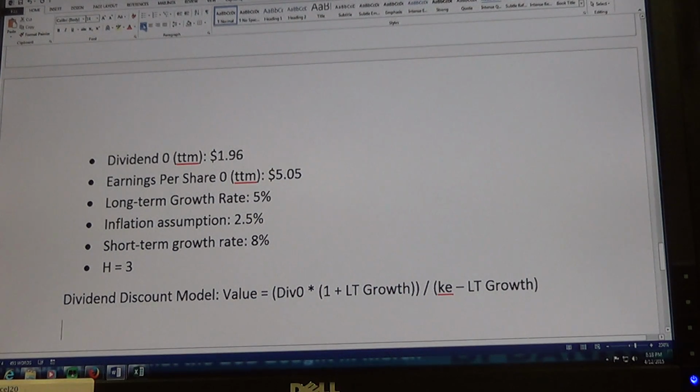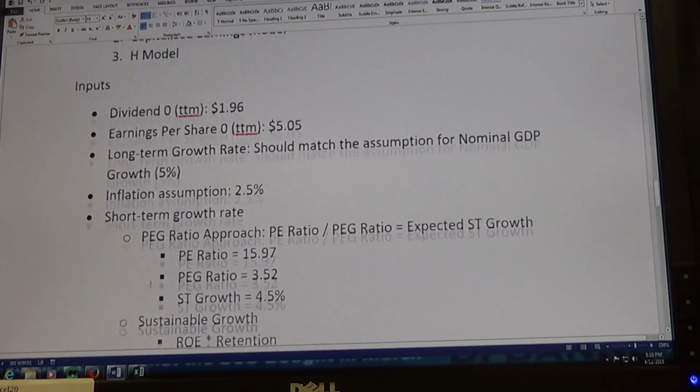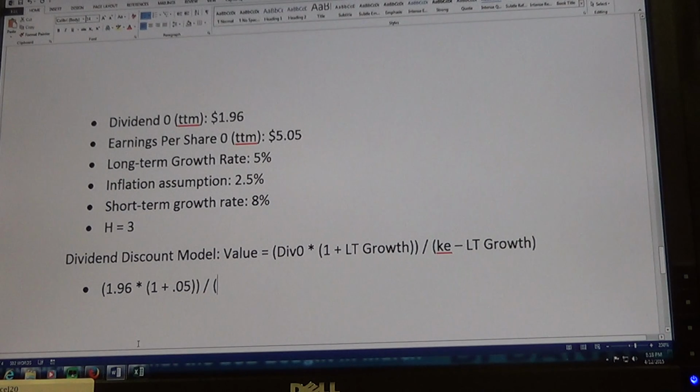So for Walmart, that will equal $1.96 times 1 plus 0.05 divided by our discount rate. I've forgotten what our discount rate is. It's been a while. 6.3%. 0.063 minus 0.05. That will get our valuation.